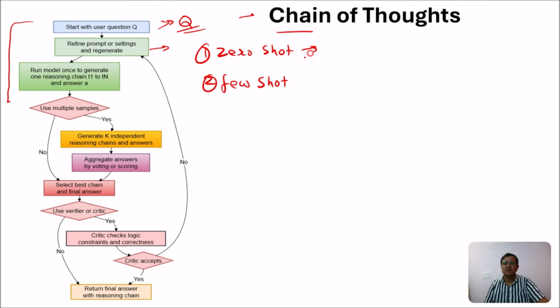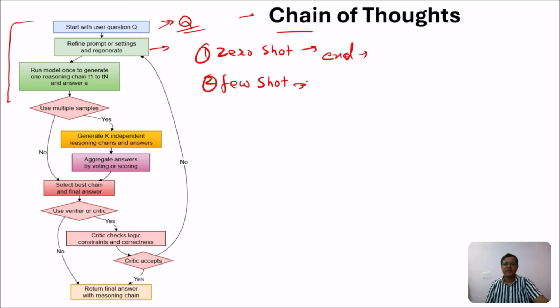So in the zero shot, we will not divide the problem into multiple stages. We just assume that our large language models are advanced and smart enough to solve any problem. So at the end of the prompt, we will just write, let us solve it in a step-by-step fashion. Then the LLM will solve it like that.